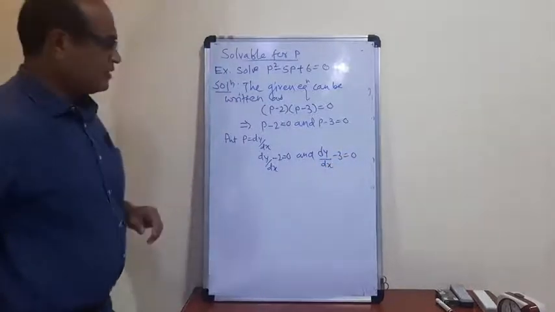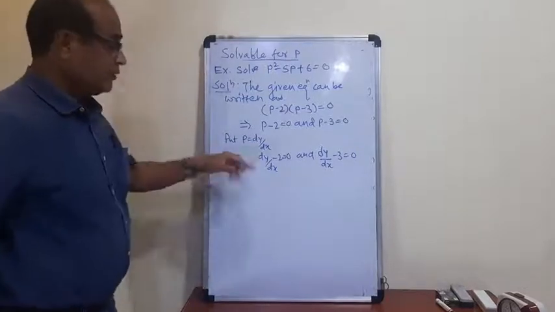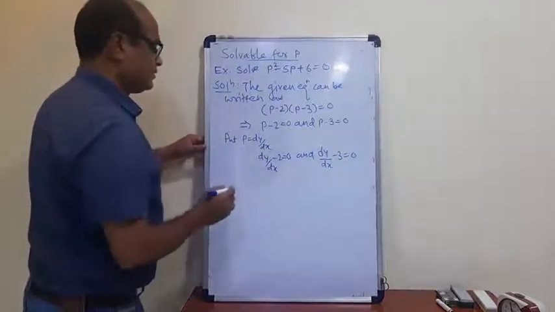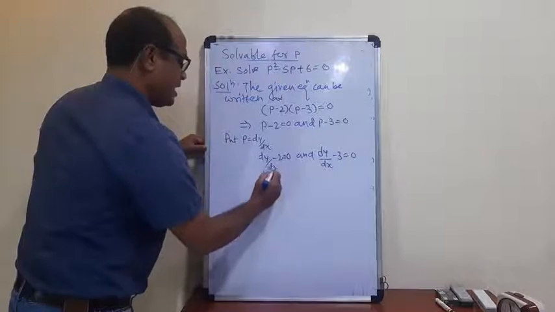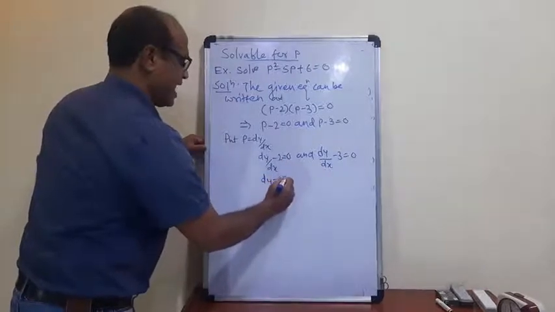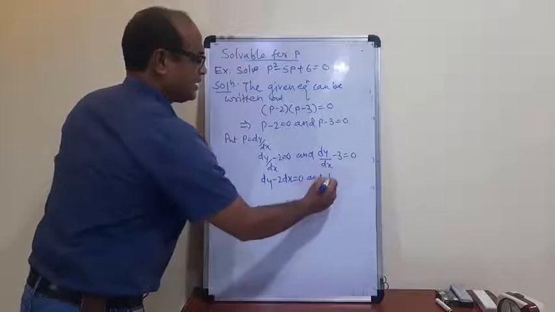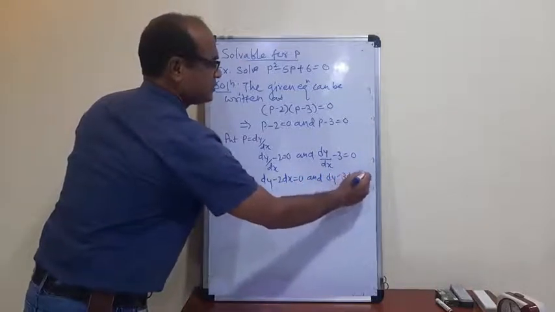Now we solve these equations by the variable separable type. Variable separate, so we get dy minus 2dx is equal to 0 and dy minus 3dx is equal to 0.